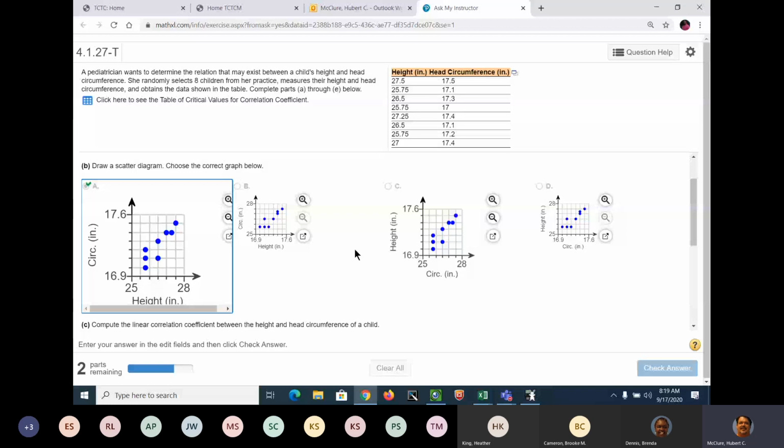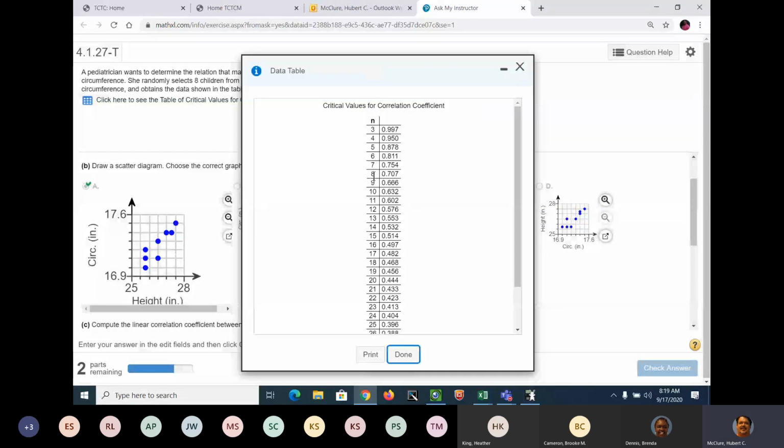Okay, now right here, this is something that they throw in here. Critical values. How many subjects do we have? 1, 2, 3, 4, 5, 6, 7, 8. So let's go look at the critical value for 8 subjects. For 8 subjects, your correlation coefficient is projected to be 0.707. So you need to write that down.